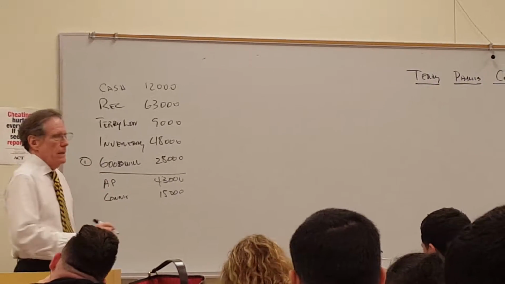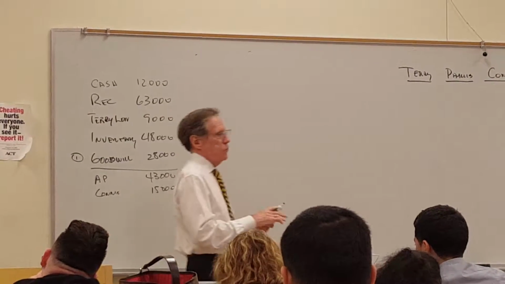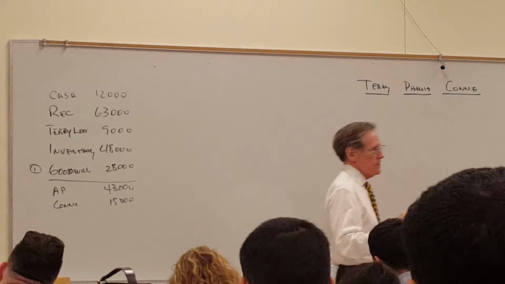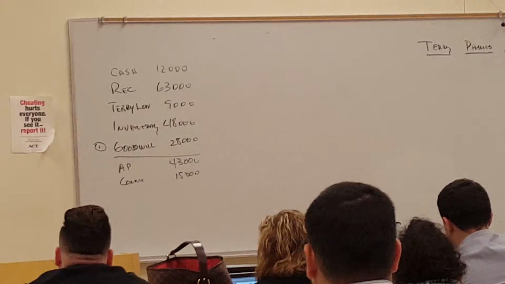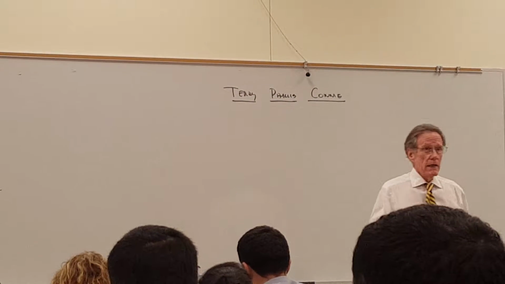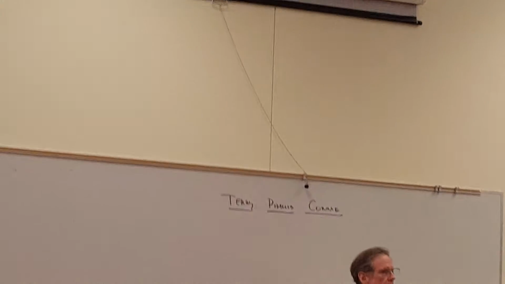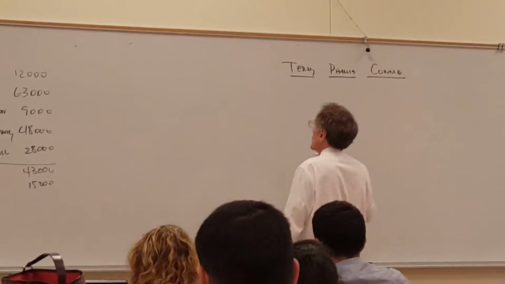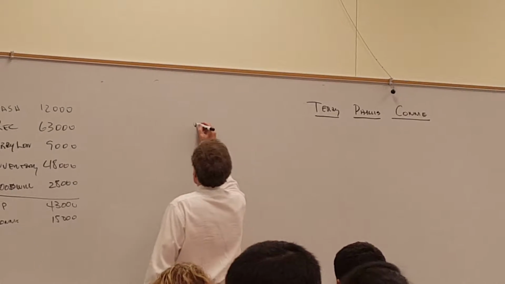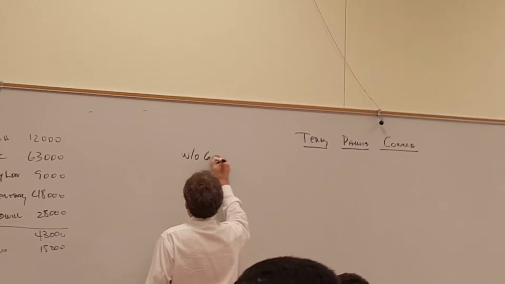Number one is goodwill. Goodwill is something that stands up, it's something that's there for going concern. When you're getting ready to go out of business, you know that goodwill no longer exists. So we're going to write off the goodwill.